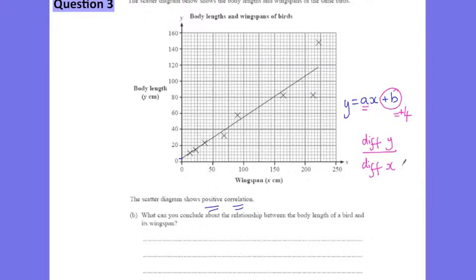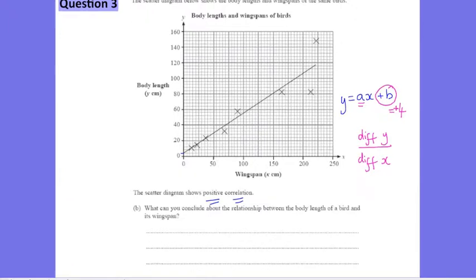Now in this case, you need to pick a triangle. The bigger you make the triangle, the more accurate you will be. Here we can see that we can go from 4, and we're looking for somewhere where we're going to have a crossing point that actually lines up with the line of best fit so that it is not on a half square.